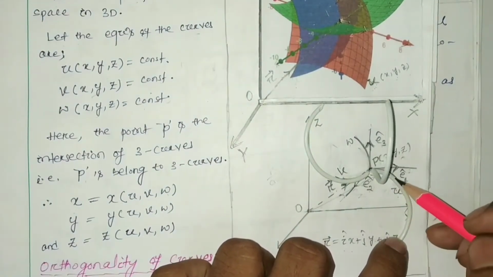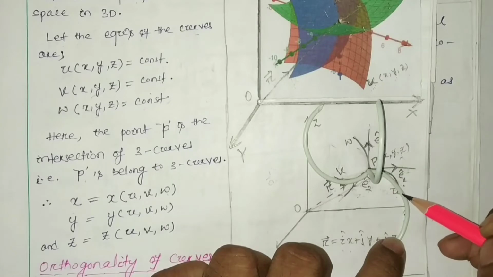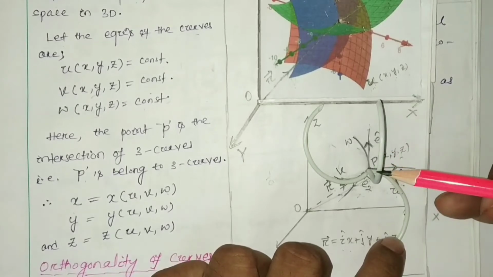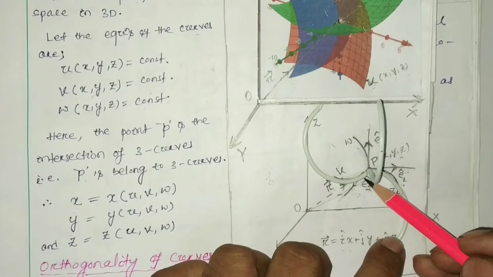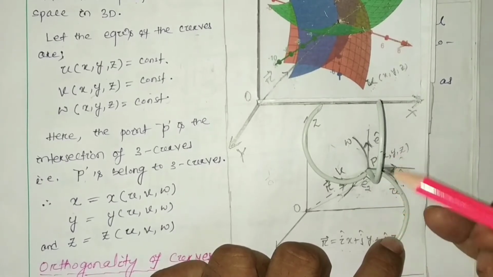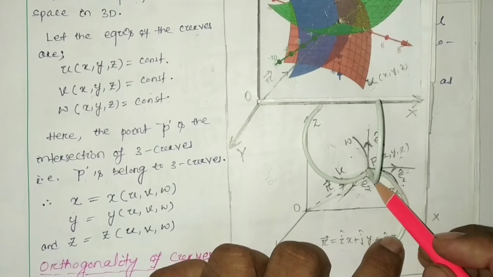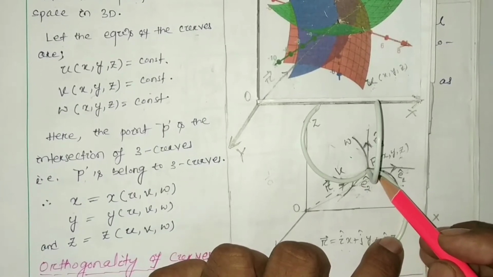Actually not the curves, the tangents: this one is the tangent to this U curve, this one is the tangent, and this tangent will be here and this tangent will be here. So these three tangents are perpendicular with each other whenever they are drawn from this point P.